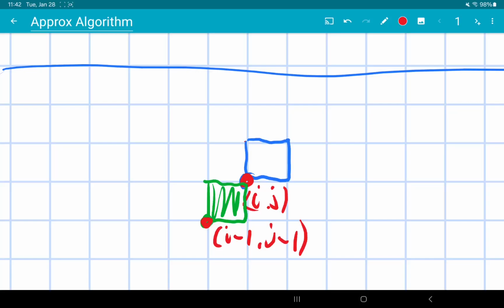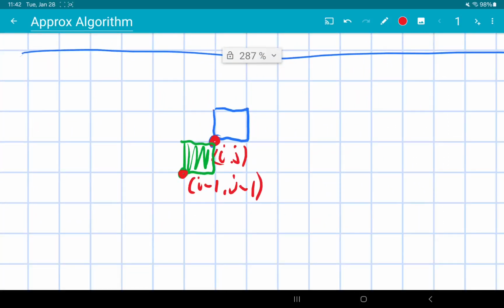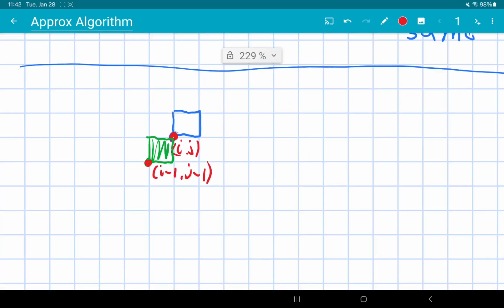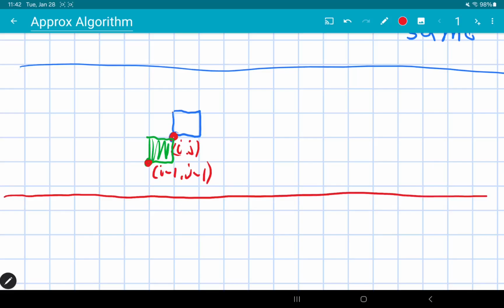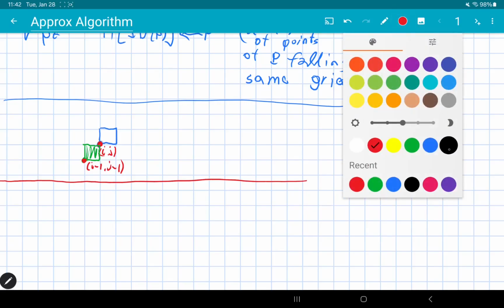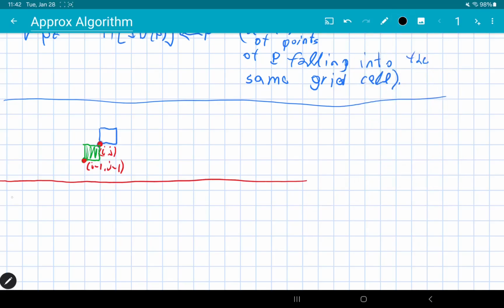The second thing is that we can use the packing property of the plane to perform verification. So what do I mean by that? Let's assume that we want to verify the closest pair distance.